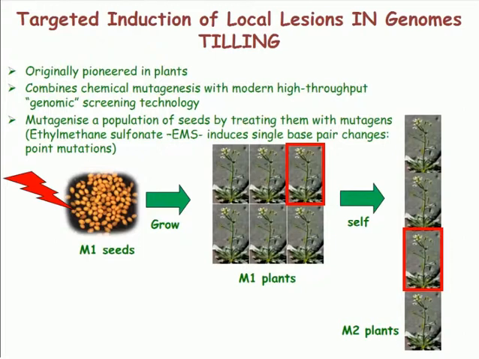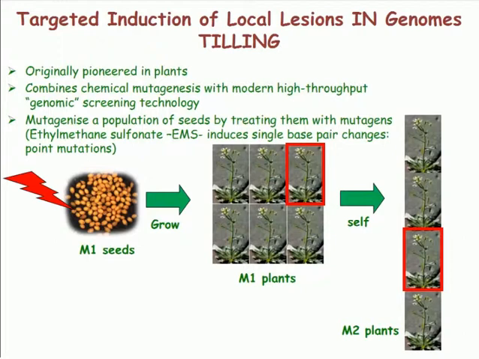Once you have treated the seeds, which contain the embryo, remember that, you can put them on soil and grow them. This is what we call the mutation generation 1, or M1. From this one, depending on the species, I put self here because this is an example with Arabidopsis, you have self-crossing, so the plant can cross with itself.